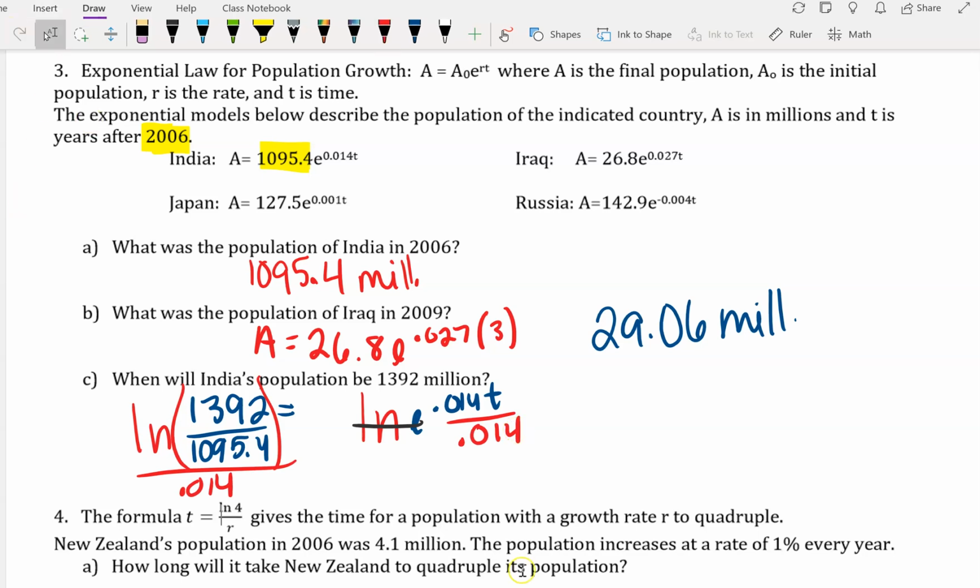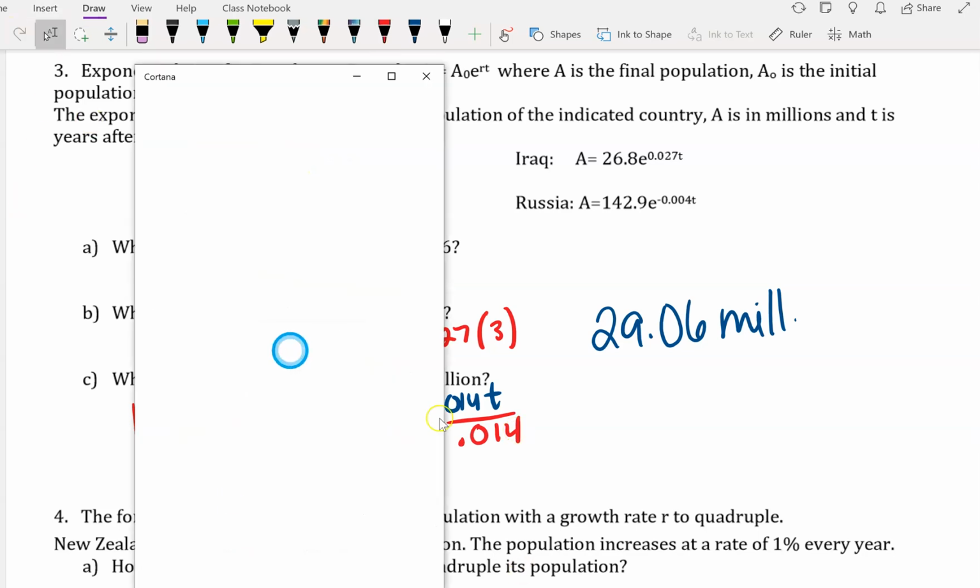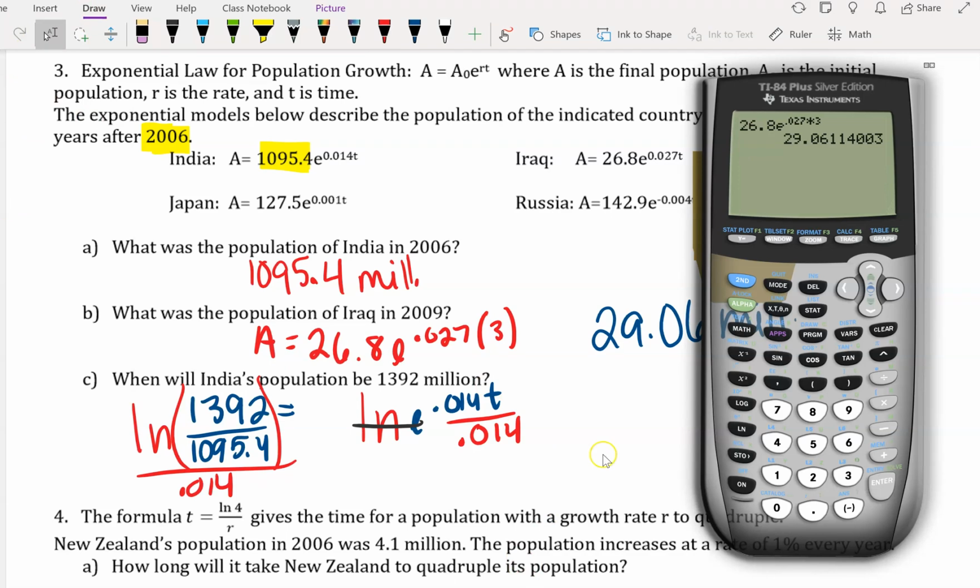Type all of that into the calculator. Natural log of 1,392 divided by 1095.4, and then close parentheses and divide that by 0.014.